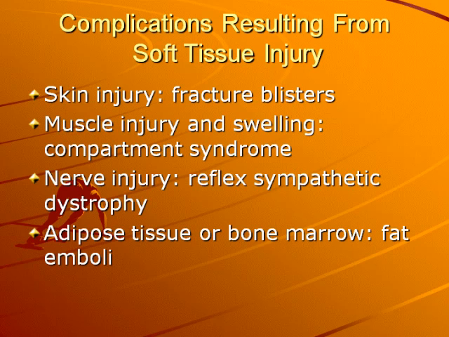So after they've finished up the surgery and closed up the incision, you can actually start to have increased bleeding into that muscle compartment. And just think, the compartment can only hold so much. So as the volume of blood increases, that increases the pressure and can lead to significant tissue injury.